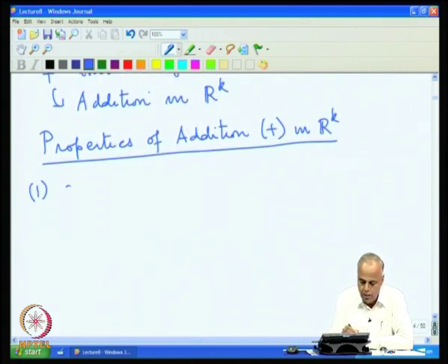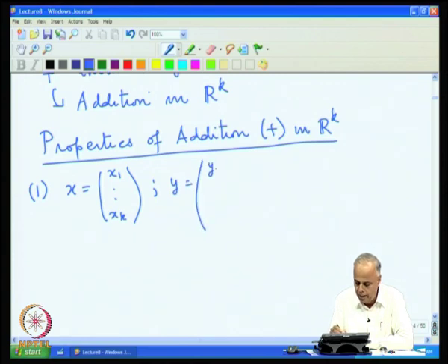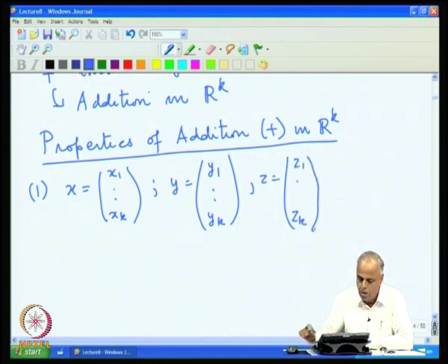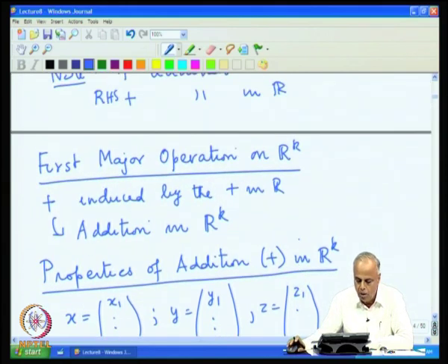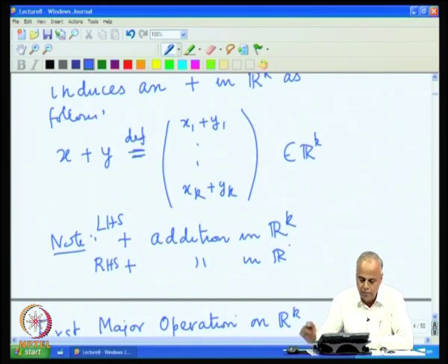Let us look at three elements x 1 to x k, y 1 to y k, and z 1 to z k. Of course, one of the properties that we should always keep in mind is that when we add x and y, the result is always again in R k.